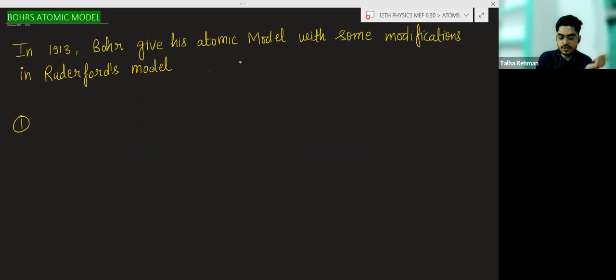These orbits have fixed energy, and these are called energy levels or stationary states. Electron can revolve only in certain stable orbits. These orbits have fixed energy and these are called energy levels or stationary state.